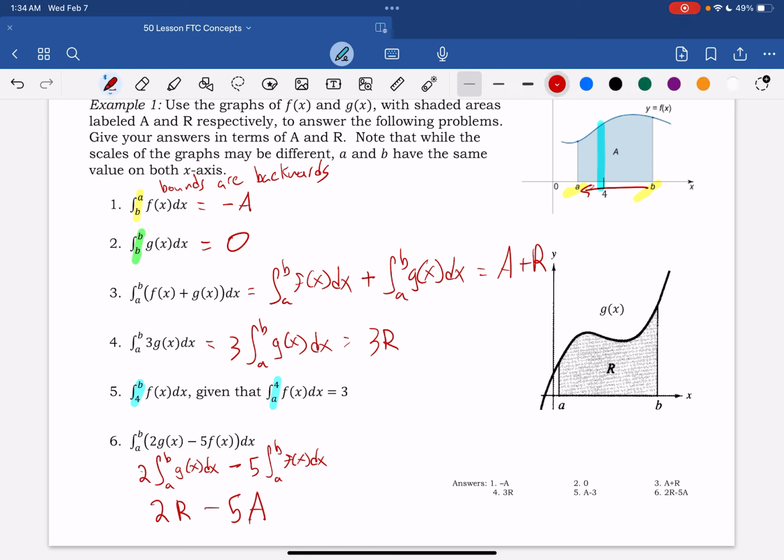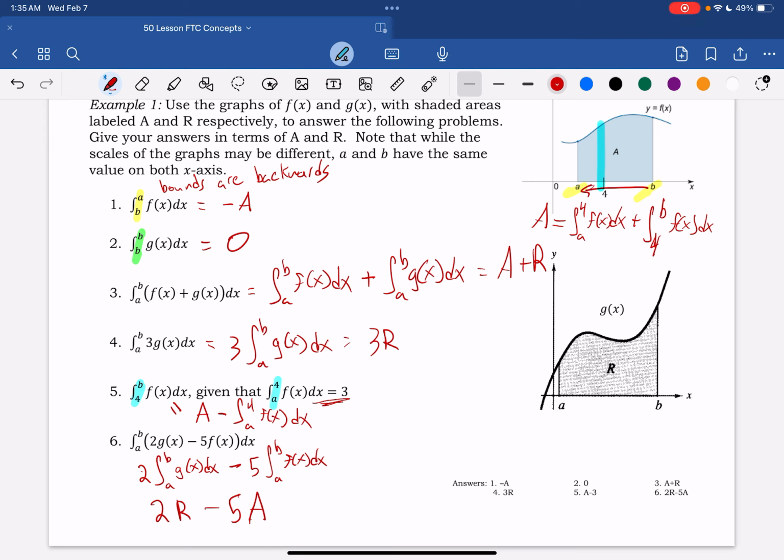What that allows us to do is this: if I go from a to 4 of f of x dx, and I add to that 4 to b of f of x dx, this should equal the total area of A. So when I see that a to 4 is 3, then I know that this integral here is going to be the total area minus this a to 4 of f of x dx.